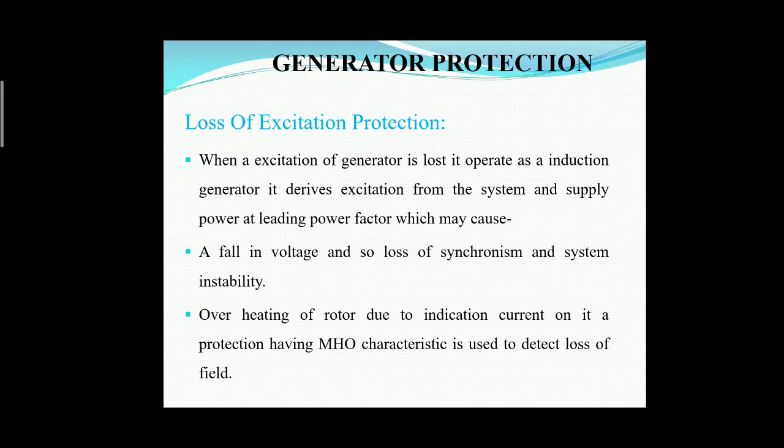Next, coming to the loss of excitation. This is also one of the protections related to rotor faults. Loss of excitation is one of the major important criteria in the case of rotor faults.